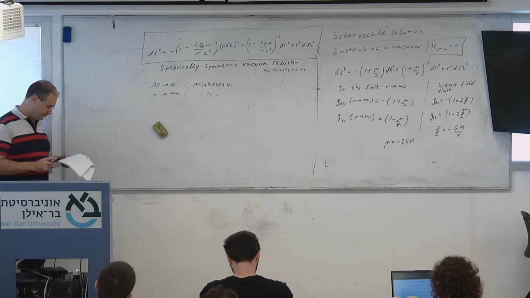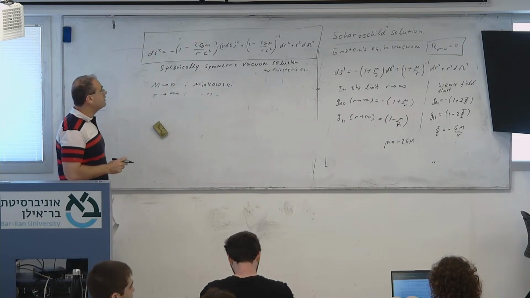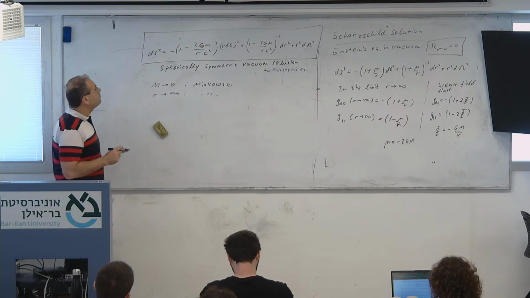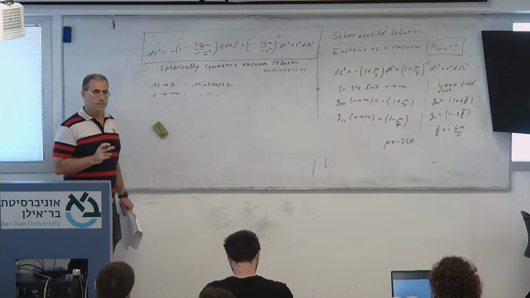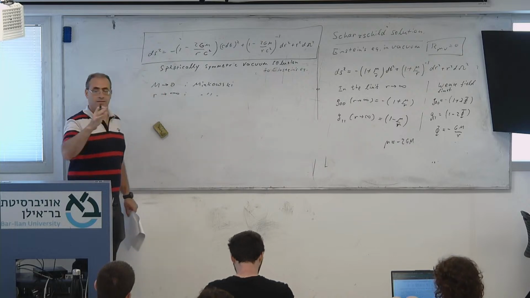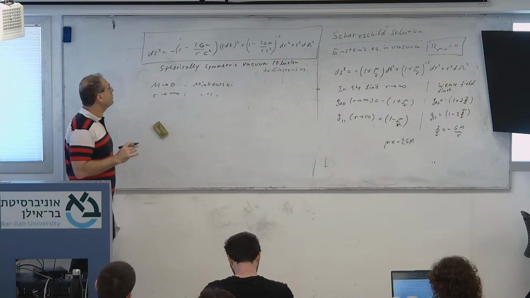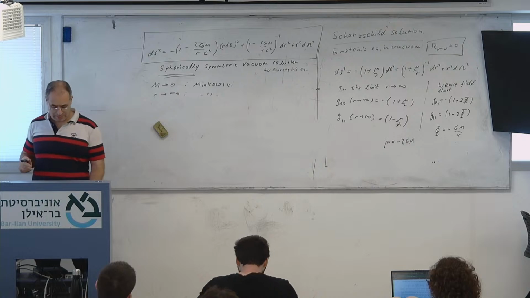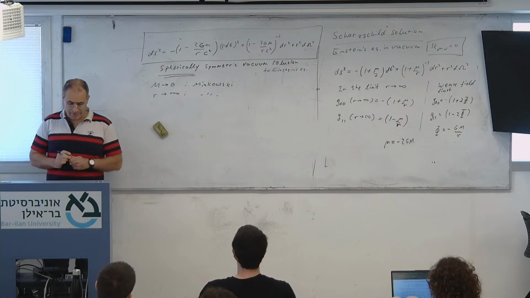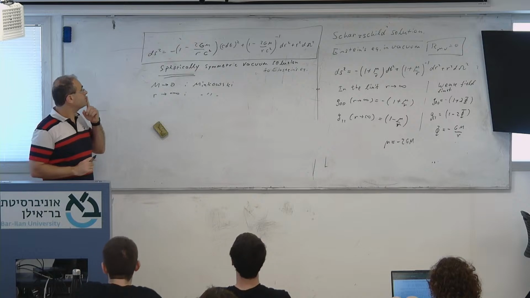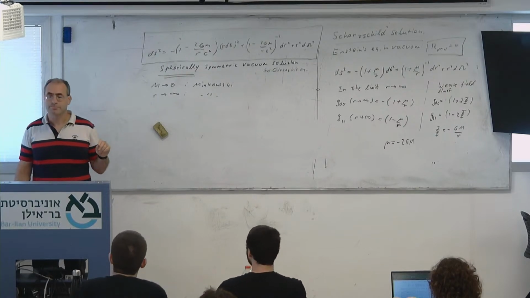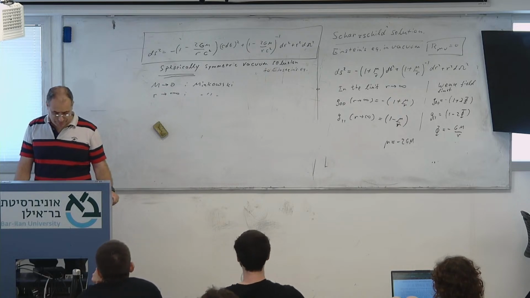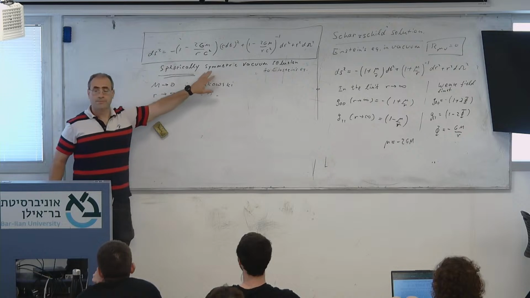Now, this is static. The thing that maybe answers your question: we did not say anything about the source. We said it has some mass m, but this is really a parameter. The only thing we care about is that the source is spherical. In fact, we didn't even specify that the source itself has to be static. The source can do whatever it wants, as long as it stays symmetrical.